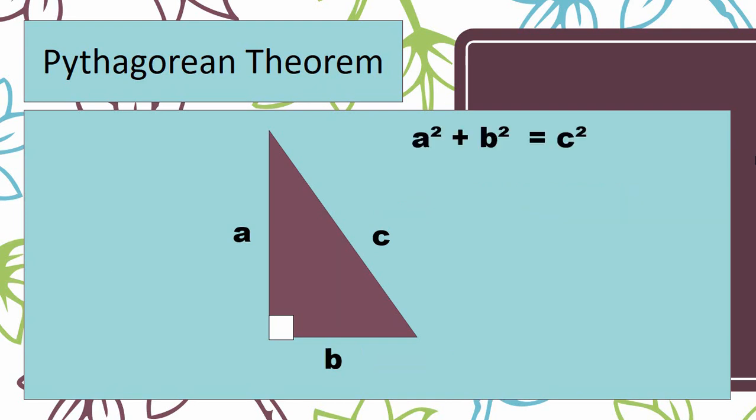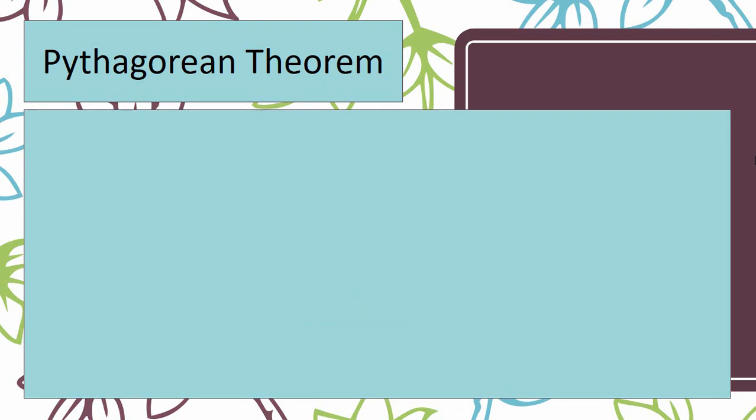So we have here the formula for the Pythagorean Theorem: a square plus b square is equal to c square. It means the sum of the squares of the two sides of a right triangle is equal to the square of the hypotenuse. So a and b are the two sides of a triangle, and c is its hypotenuse, or the longest part of a right triangle.